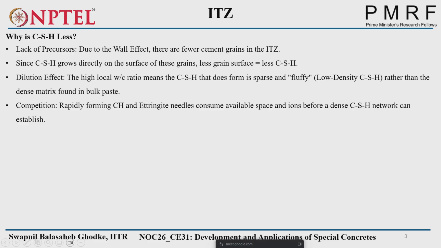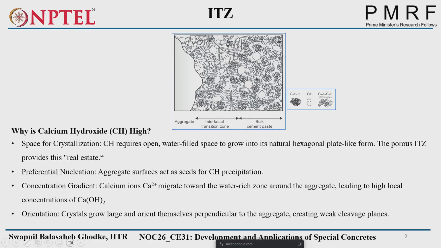Because of the rapidly forming CH and ettringite, the needle-like structures consume the available space, and that's why the space available for CSH formation is very small. CH reacts very fast compared to CSH formation. That's why the percentage of CH is very high in the ITZ region. Understood?